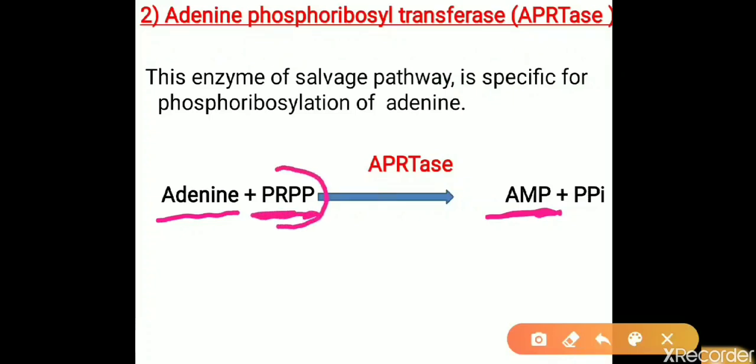So PRPP donates their ribose 5-phosphate to the adenine, and this reaction is mediated by an enzyme known as APRTase, that is adenine phosphoribosyl transferase enzyme. This enzyme transfers ribose 5-phosphate from PRPP to the adenine, and by donating their ribose 5-phosphate, this PRPP is converted into inorganic phosphate group, because PRPP means ribose 5-phosphate plus phosphate.